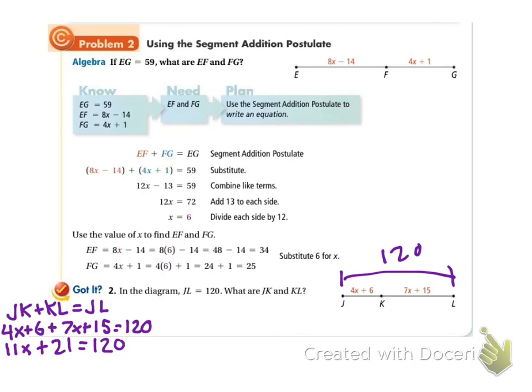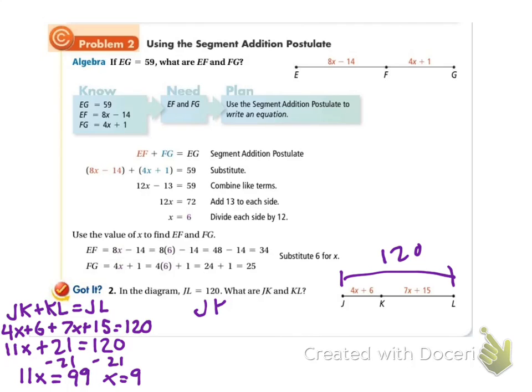Now I can subtract the 21, which gives me 11x equals 99, and if I divide by 11, I get x equals 9. That's not my final answer. Now I need to plug that x in for each of those segments.